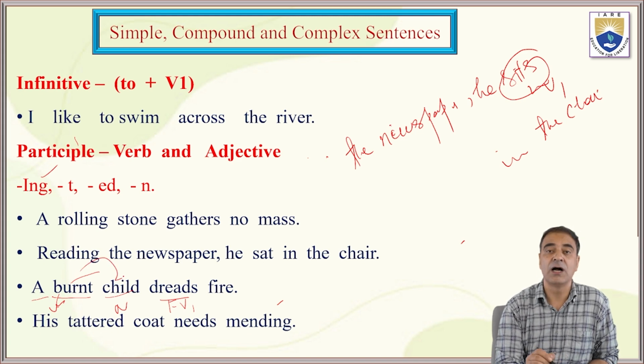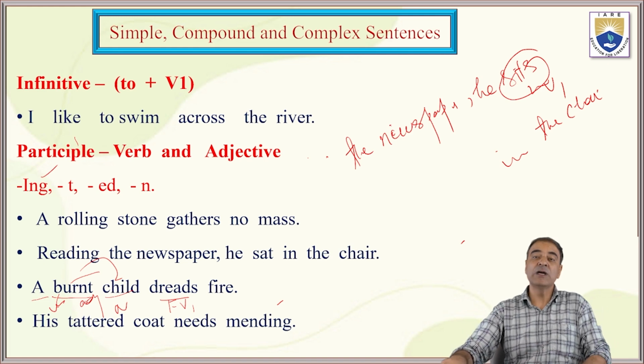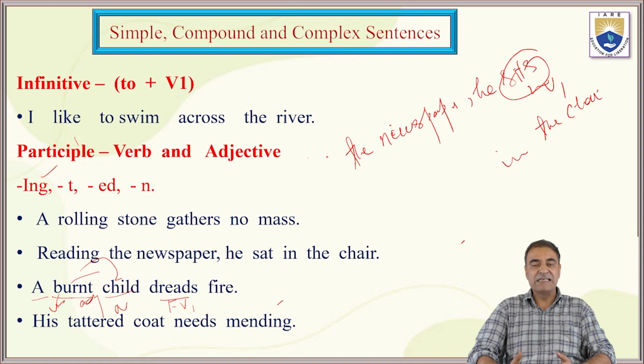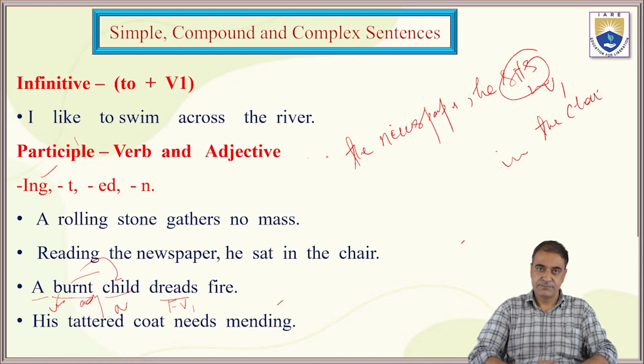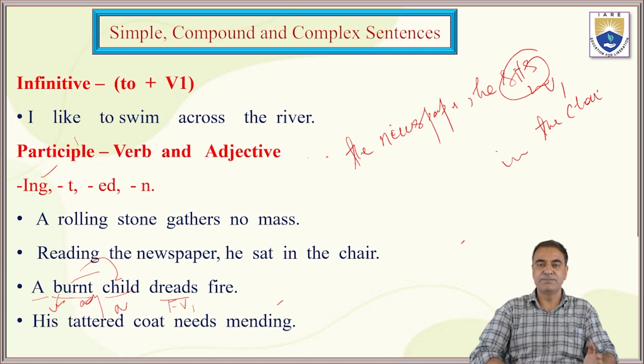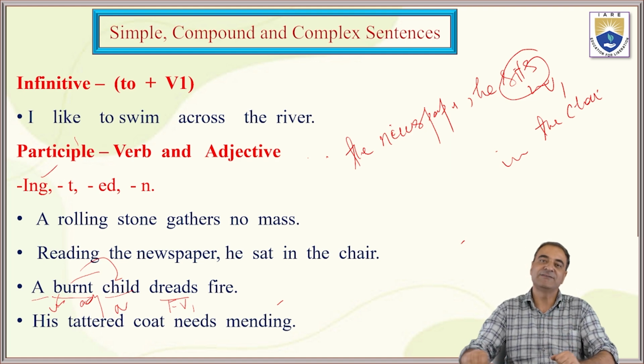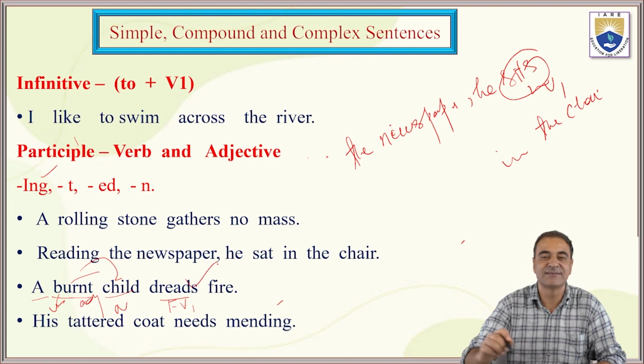It's a burnt child. It qualifies child. Therefore, it's an adjective. Here, if you look at the word burnt, it behaves both as a verb and an adjective. Therefore, we can say it's a participle. And this participle is a non-finite verb. And ultimately, we can say that the sentence is a simple sentence because it carries only one finite verb, and that verb is dreads.